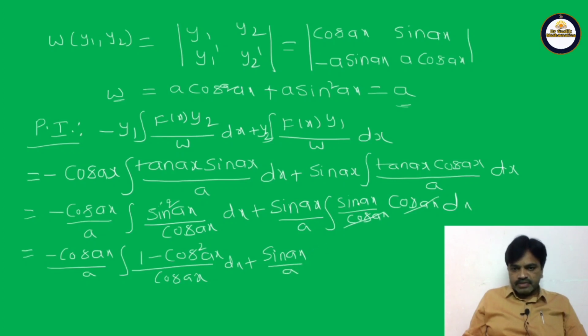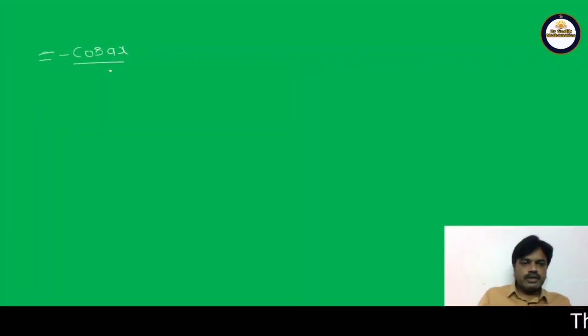Integral of sin ax is minus cos ax by a, because the x coefficient is a here, so divide by a. That is equal to minus cos ax by a.